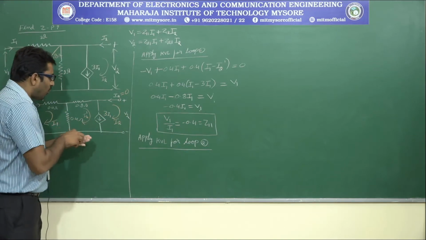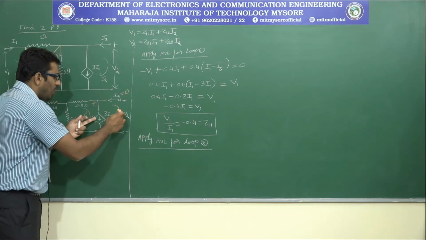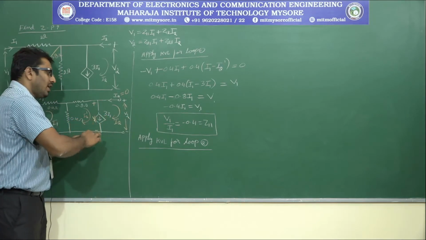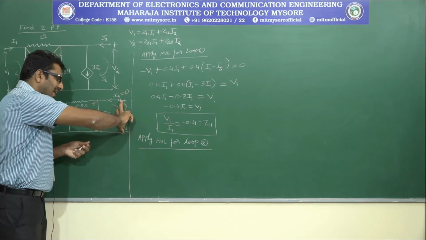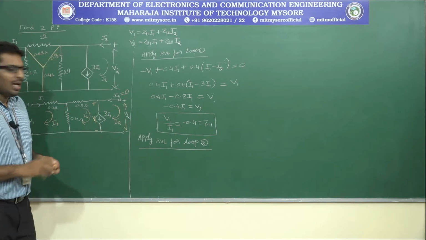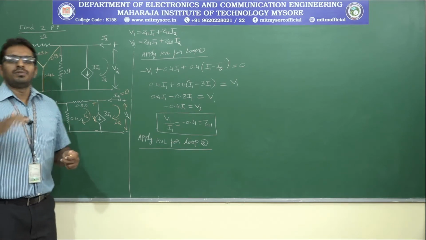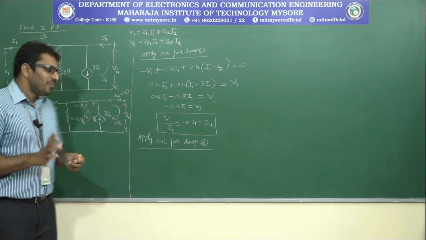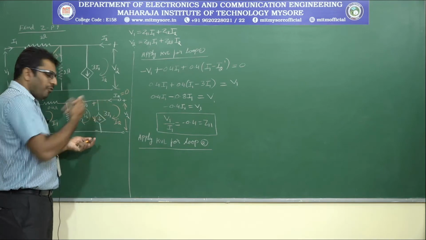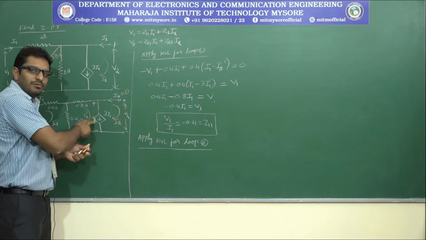That is nothing but the voltage across this dependent current source, because these two are parallel. The voltage across the open circuit terminal is exactly the same as the voltage across this dependent current source. Anyhow, KVL means the algebraic sum of voltage drops in any closed loop is 0, right? So, instead of considering the dependent current source, we know the voltage across it is V2, right?